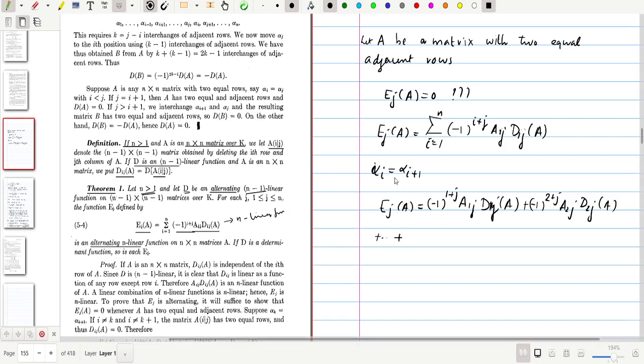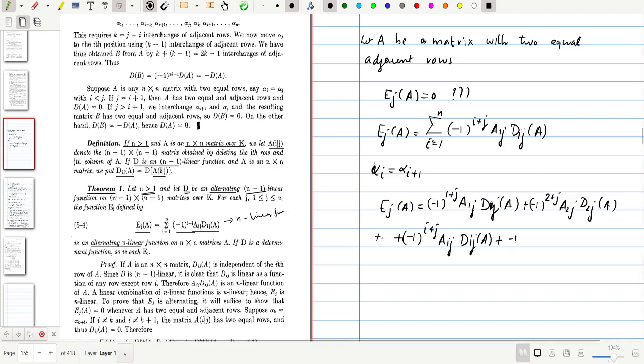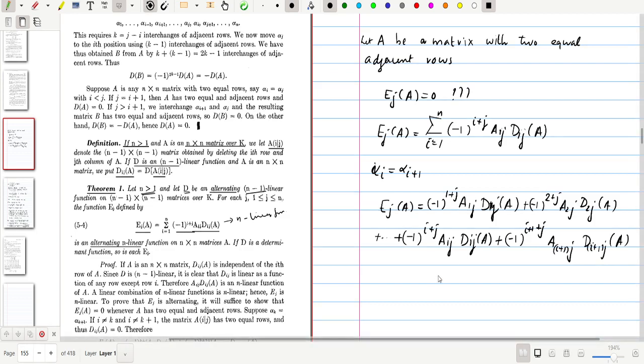Plus we have the ith row term, minus 1 to the power i plus j, a_ij, d_ij of A. The very next term is minus 1 to the power (i plus 1) plus j, a_(i+1)j, d_(i+1)j of A, and so on.